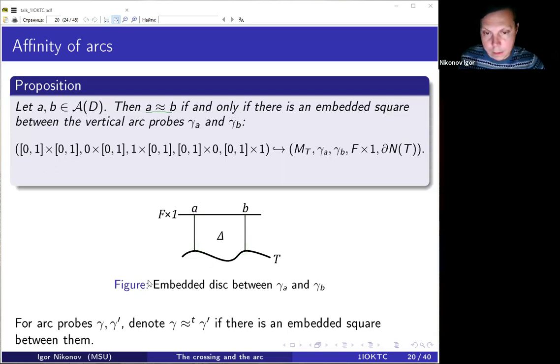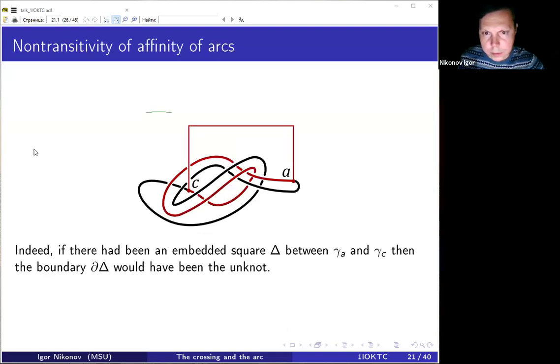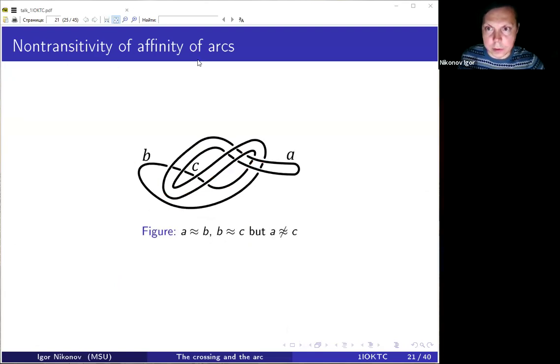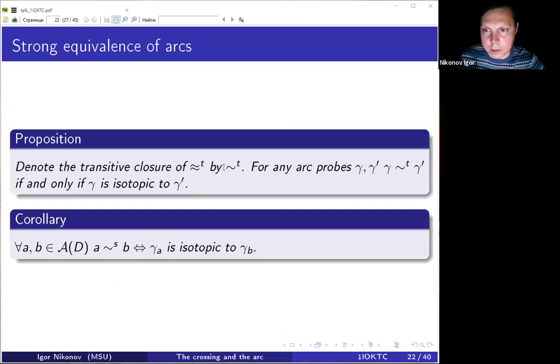Then one can show that this relation is not transitive, and if one considers the transitive closure, it appears that the transitive closure of this topological affineness is isotopy between arc probes.